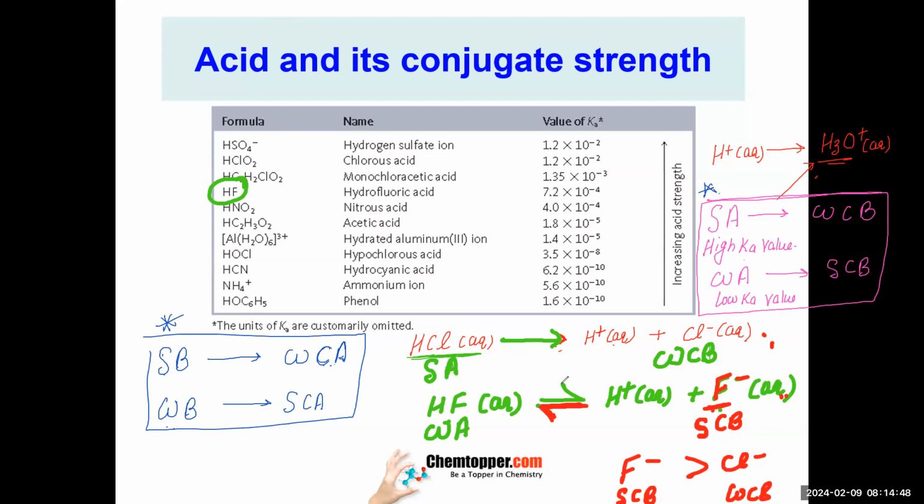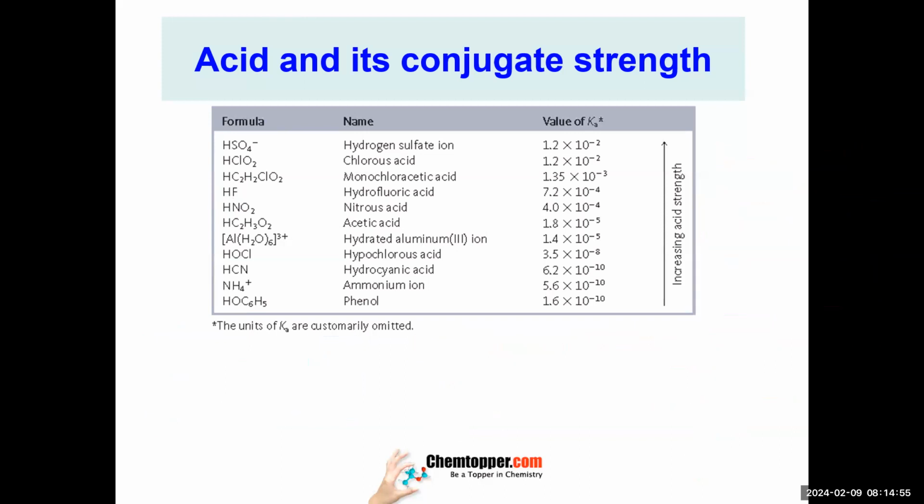Ready for questions based on this concept? Okay. I'm highlighting here two acids. One is HOCl, this one. Other is ammonium. Which one is going to give me stronger conjugate base?